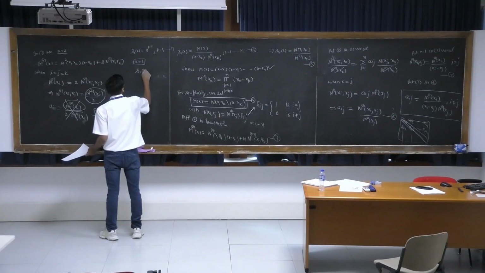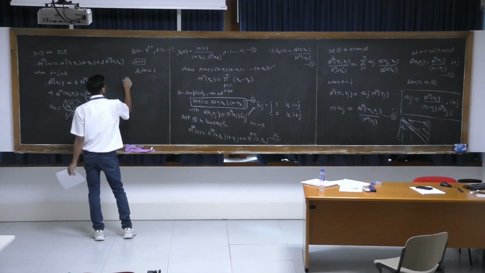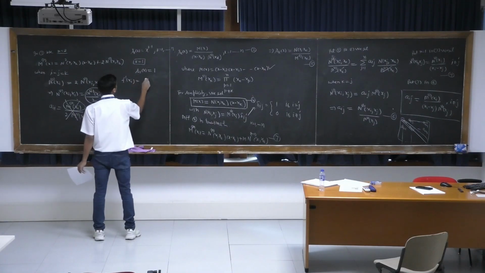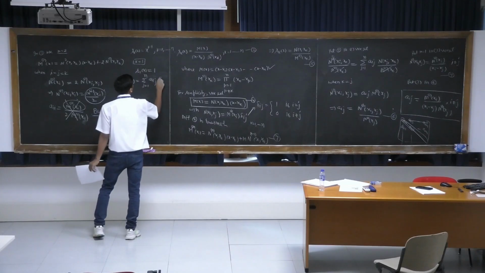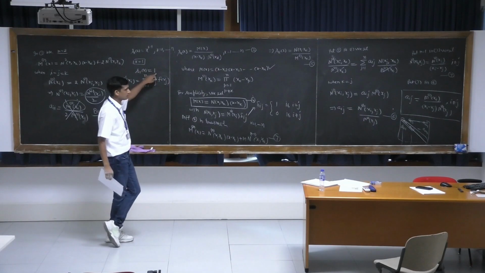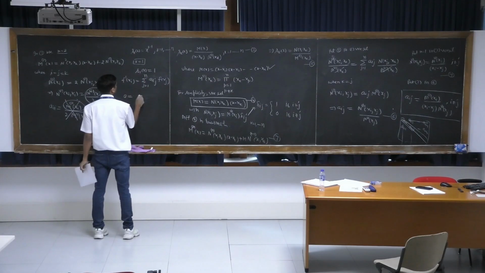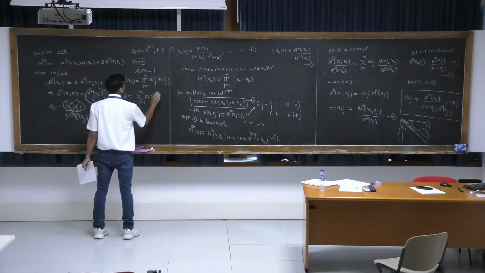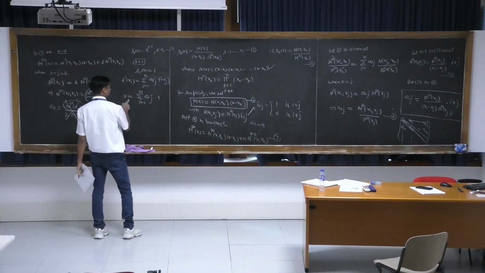So r1 of x is one constant, and what we have to find out is the summation j is equal to 1 to n of aij f of xj. Using r1 of x equal to just 1, when you put 1 here, this becomes 0, and summation j is equal to 1 to n of aij times 1. So this means that the summation of this is equal to 0.